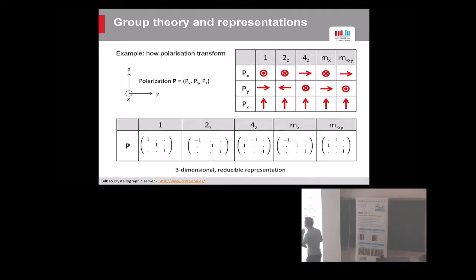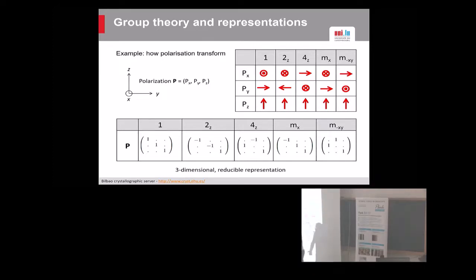So let's take another example from a symmetry that's a bit higher, and I will choose here 4mm, which is the point group of lead titanate, or barium titanate, for example, okay? So we have the same polarization with all its components. And then you see that it's getting a bit more tricky, because if I take Px, let's say, and I apply this fourfold rotation, it is sent onto Py, right?